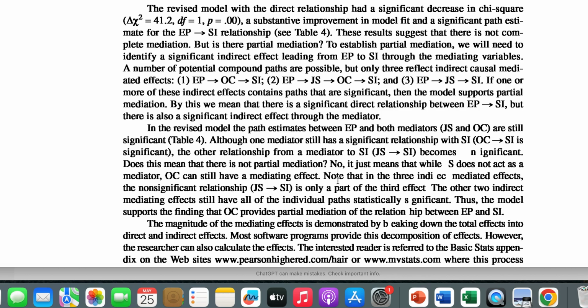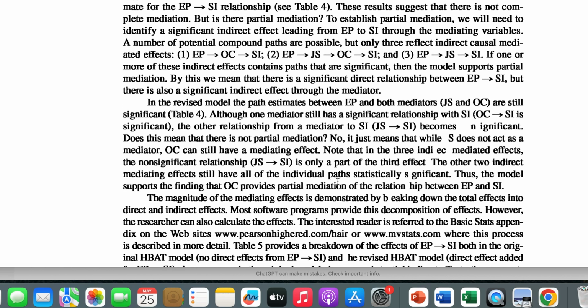To establish partial mediation, we will need to identify a significant indirect effect leading from EP to SI through the mediating variable. A number of potential compound paths are possible, but only 3 reflect indirect causal mediation effects.